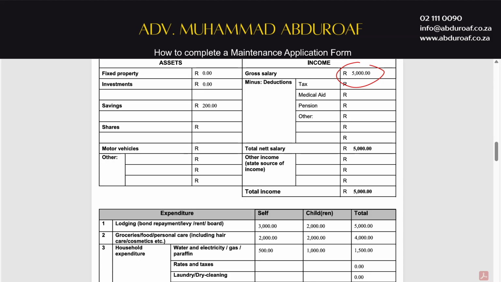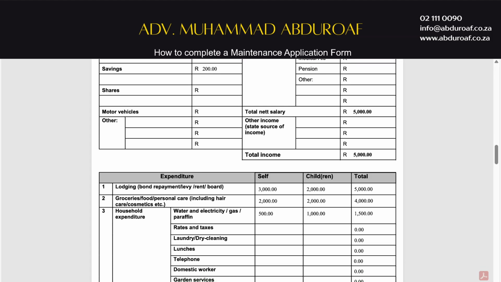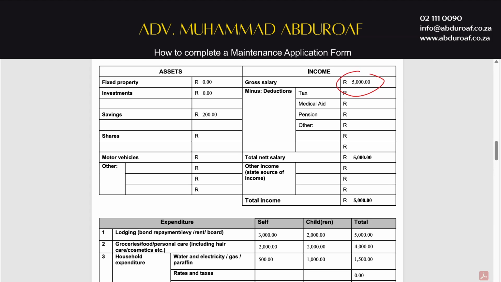They might, for argument's sake, have an expense that they incur once a year, but then they include it here as a monthly expense. Or they might think of something and include it in here, but they never ever incur that specific expense.